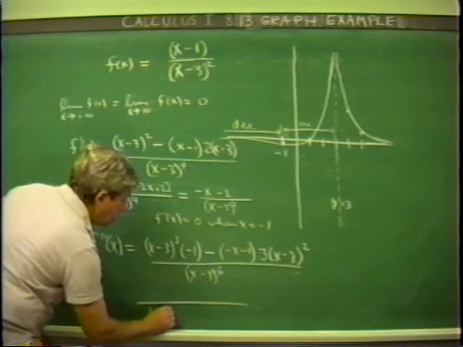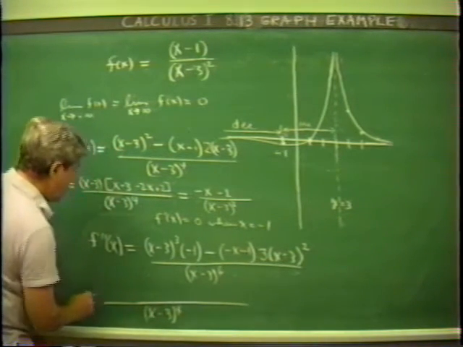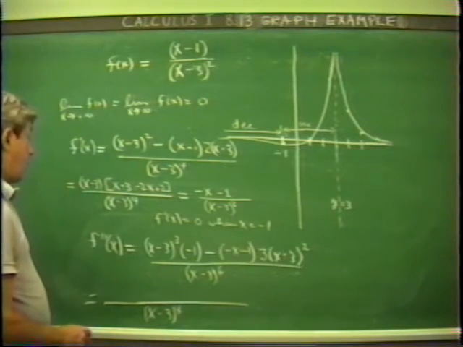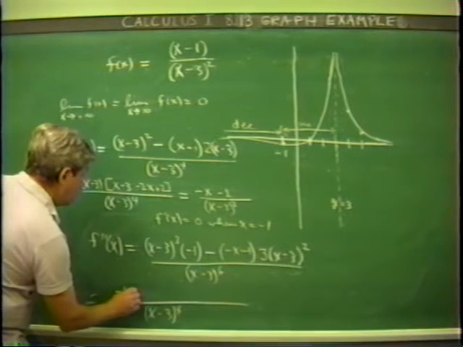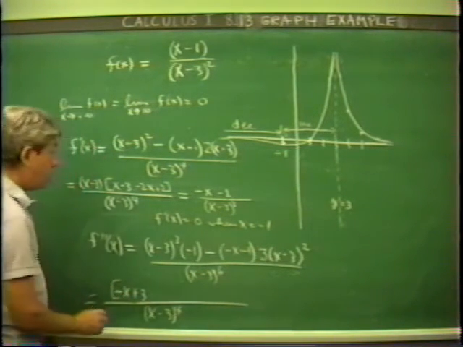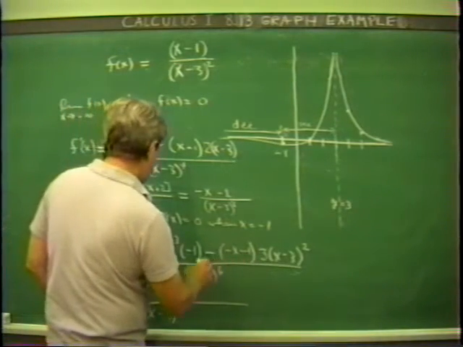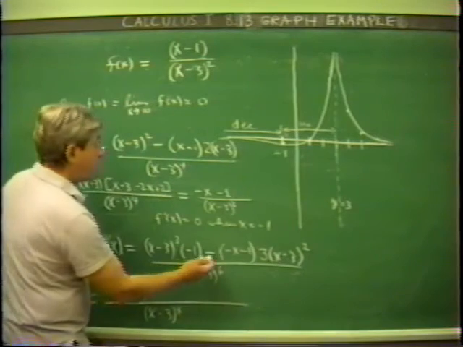All right? We want to simplify this. What I'm going to do is divide the x minus 3 squared out so that I've got x minus 3 to the 4th in the denominator. And then what else have I got? I've got minus x minus 3. So minus x plus 3.